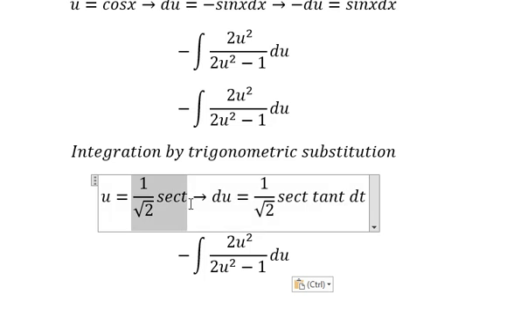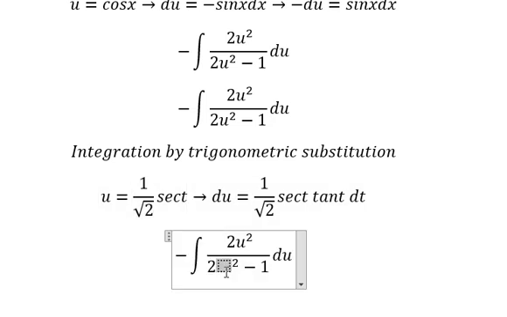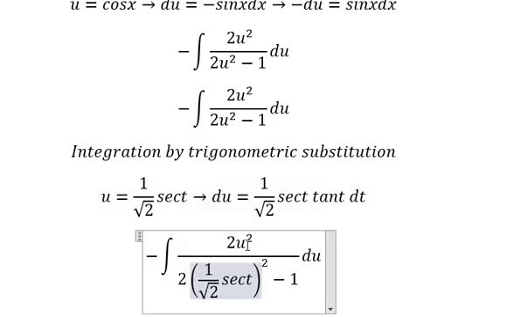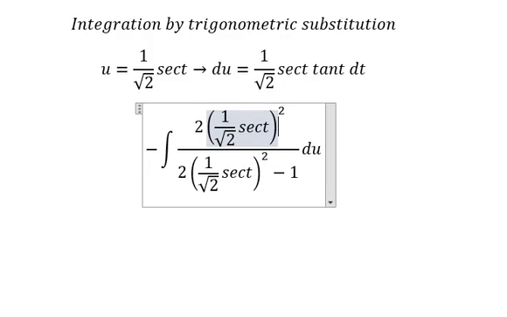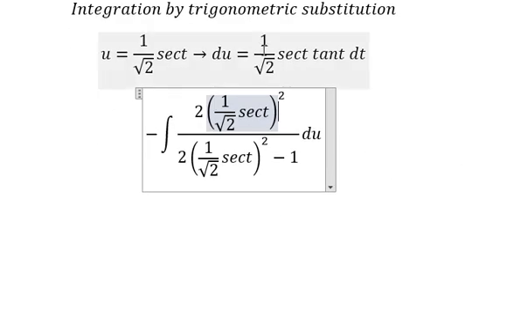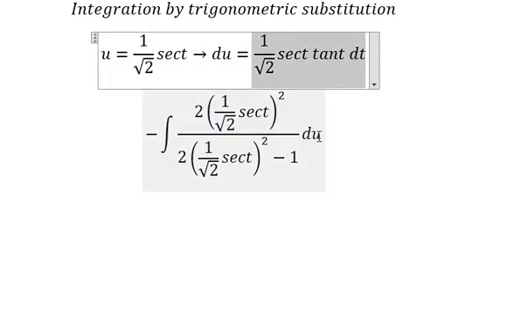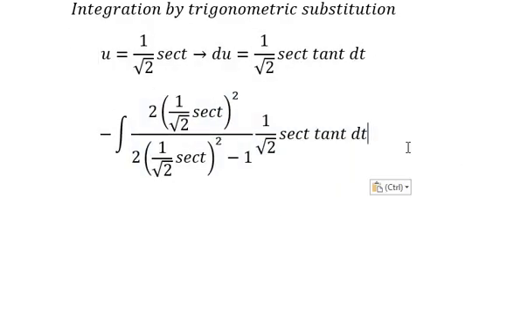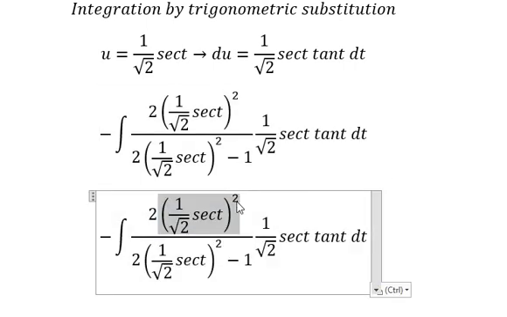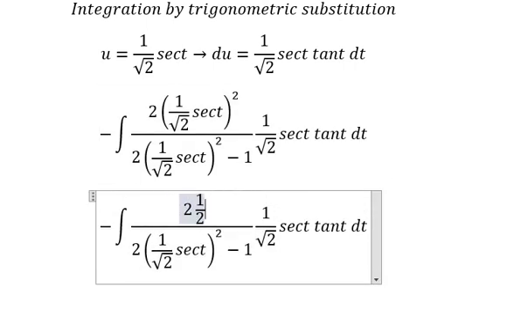So we put this one go in here and this one go in here. Du, that's about this one. So this one we have 1 over 2 secant of t square.